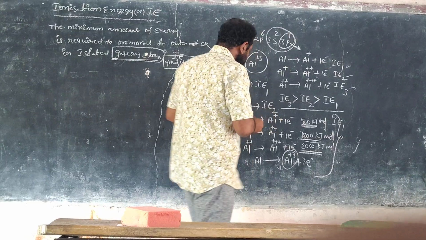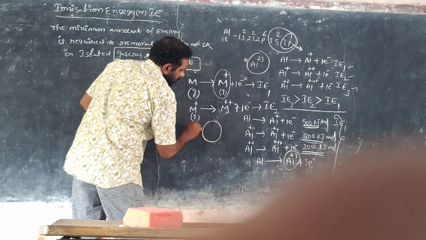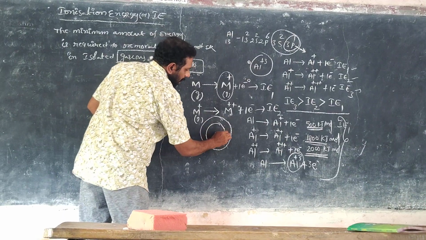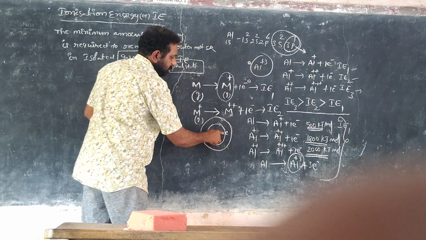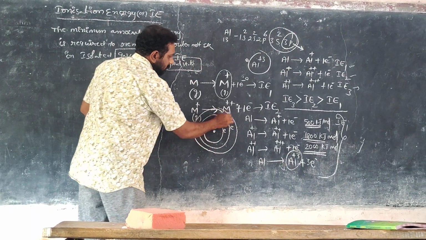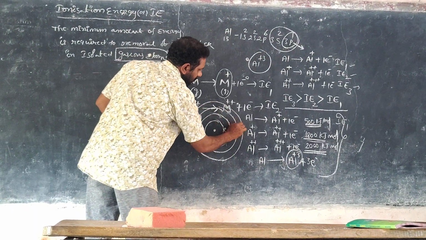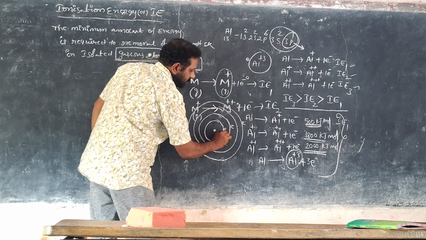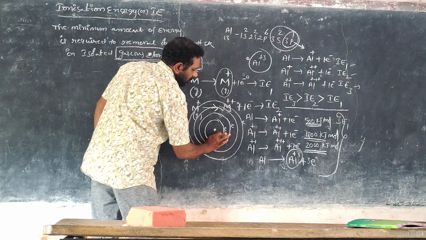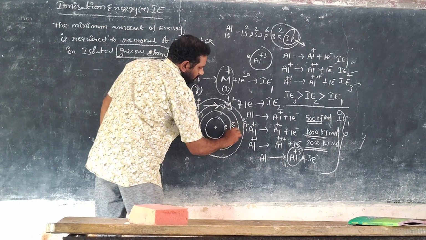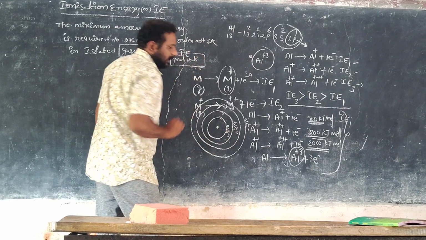Now suppose at the center is the nucleus, with outermost electrons in shells. This is the first shell, this is IE1, IE2, IE3.